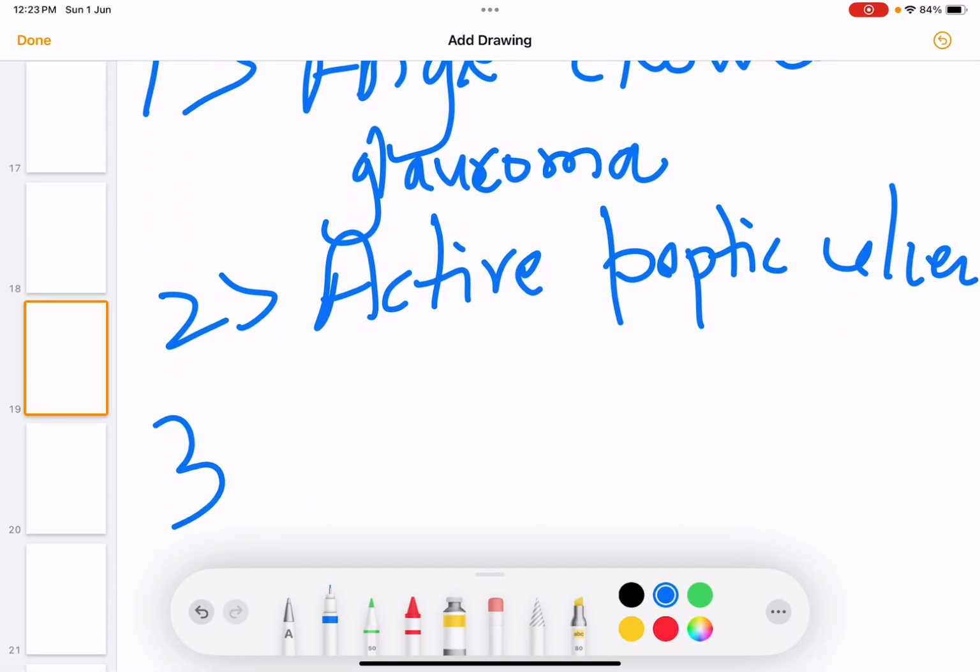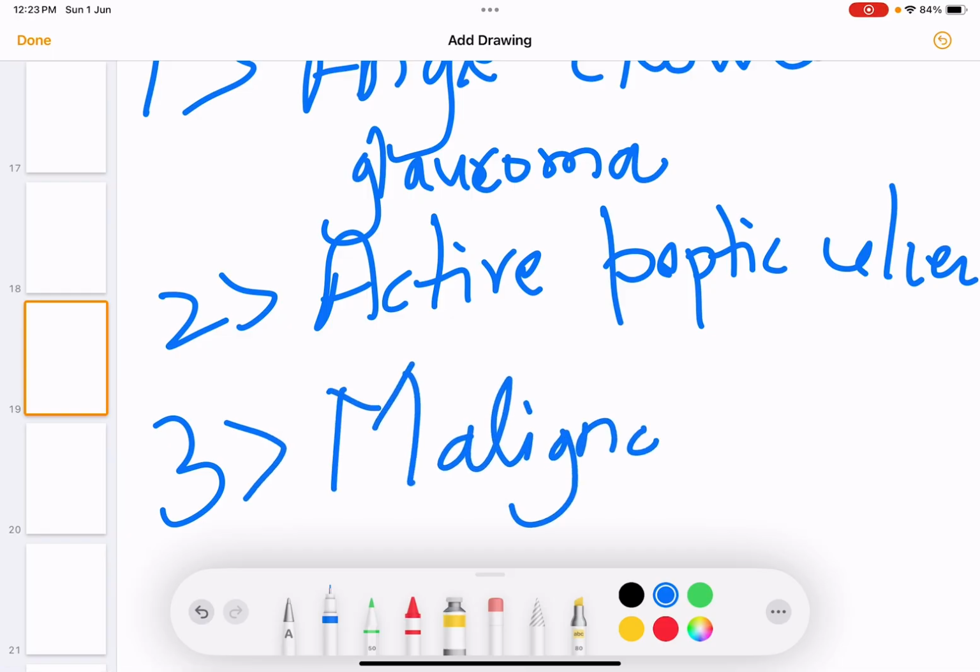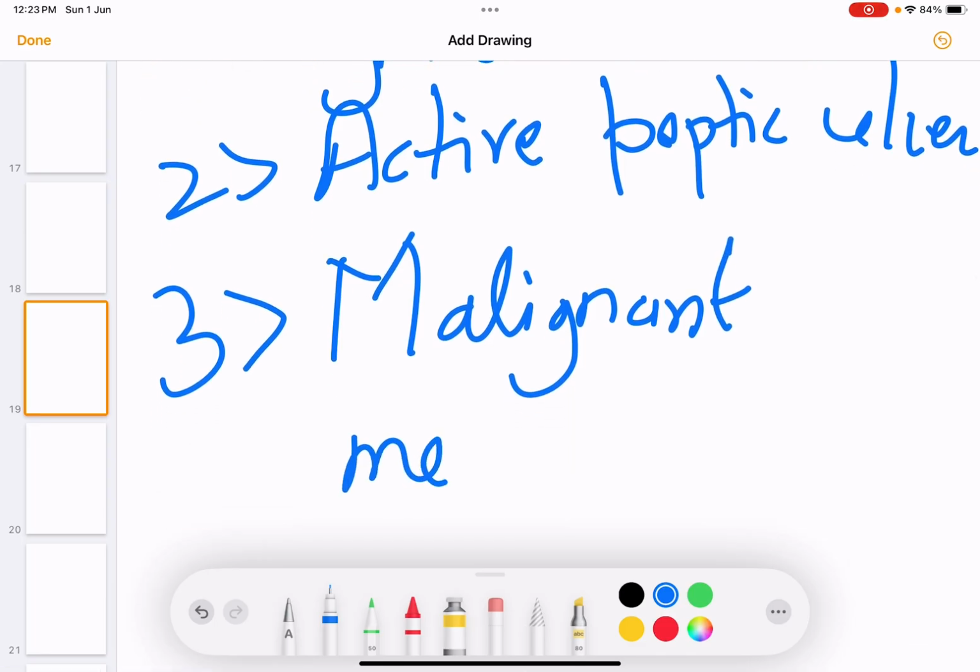Third is malignant melanoma. So dopamine is the precursor for melanin. So levodopa is contraindicated in malignant melanoma. These are the few contraindications of levodopa.